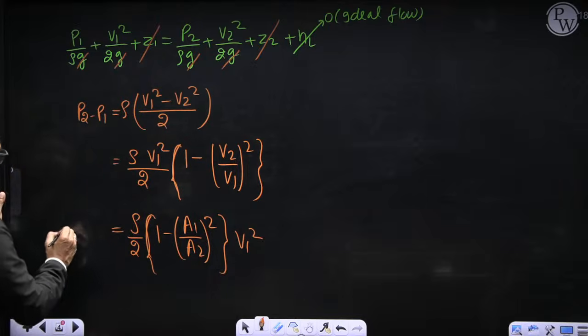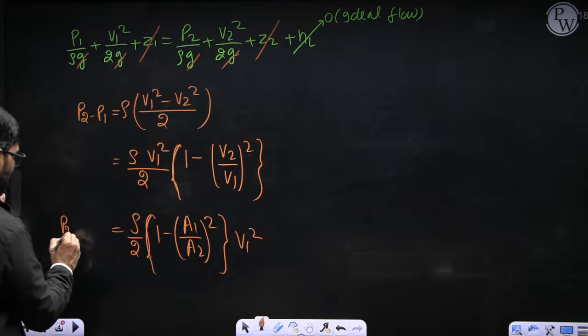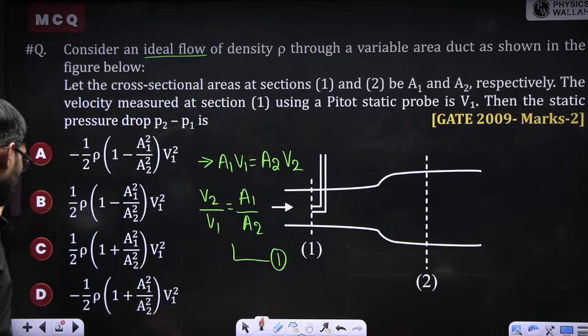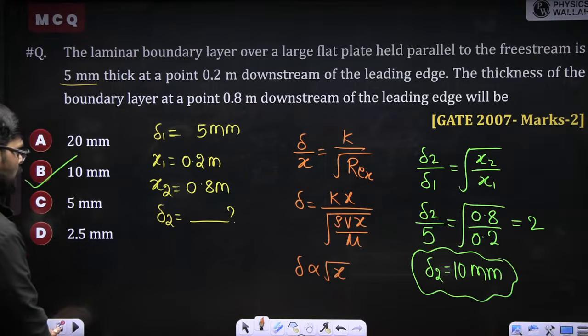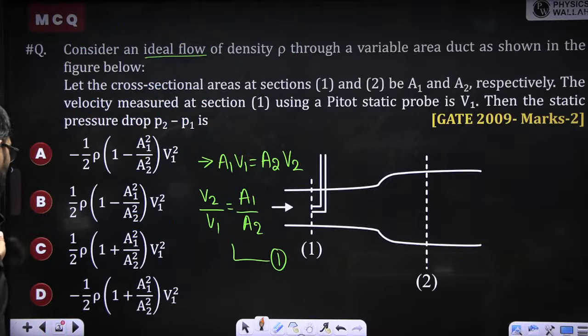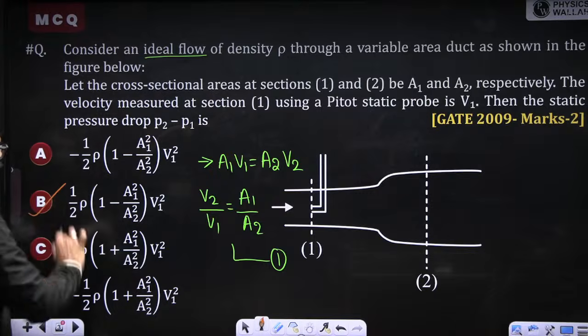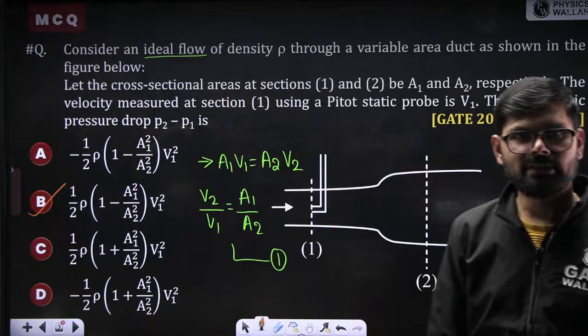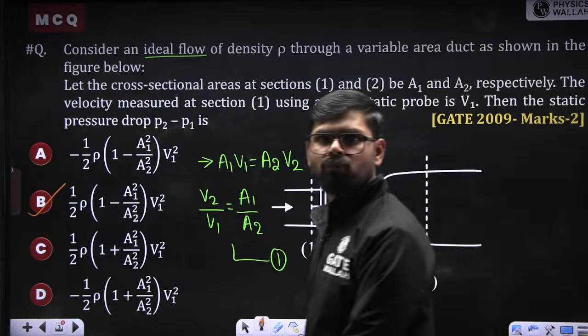That is basically P2 minus P1. So which one is correct? C is correct. Sorry, 1 minus A1 square by A2 square, yes, B is correct. Very good.